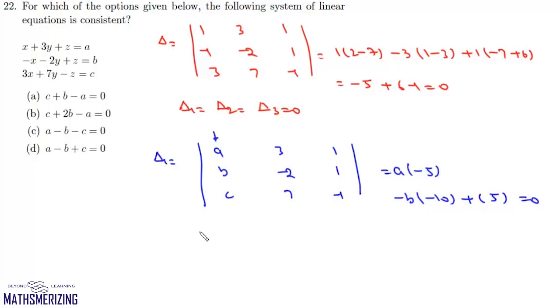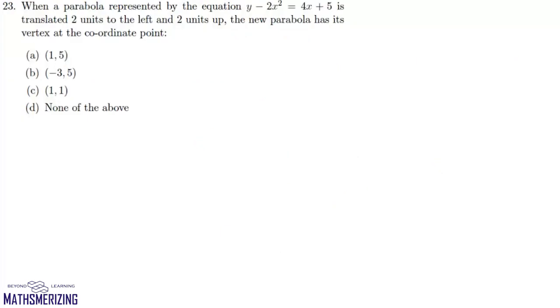So from here we can write minus A plus 2B plus C should be 0, which is your option B.